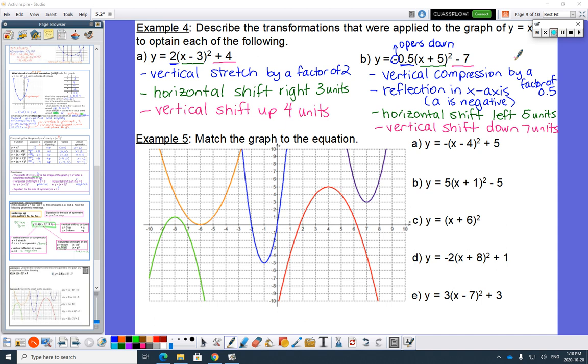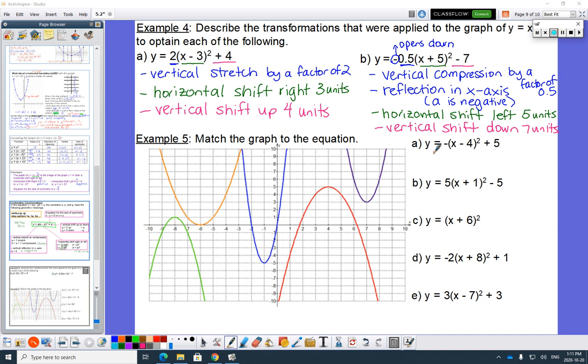Okay, so another type of question is you're given a bunch of parabolas and you have to match it to the equation. The easiest thing to do is really look at this and figure out what the vertex is. You can also look at whether it opens up or opens down.